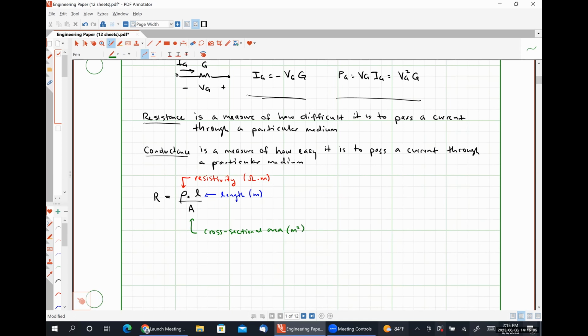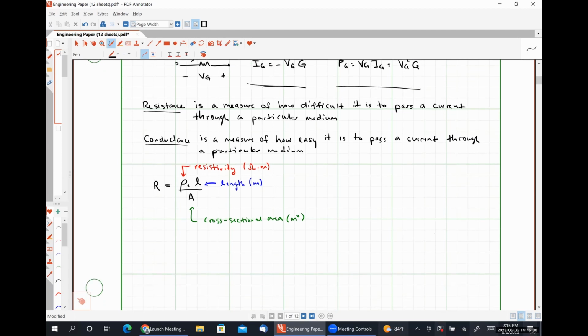And so algebraically, it should be easy to see how the units come out to give us ohms here, right? So I was asked a question yesterday at the end of the class about voltage drops over long sections of wire. And so we're going to talk about that more formally here.